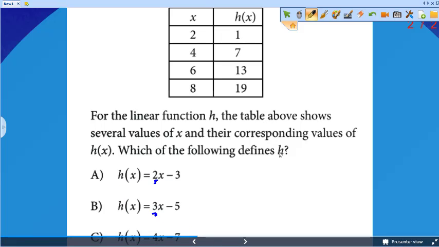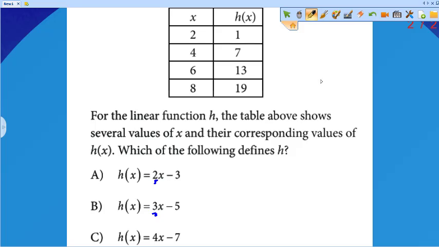I can get slope directly. How would we get the slope? Yes, 7 minus 1 over 4 minus 2. 6 over 2 makes 3. It means B is right. Yes, great.